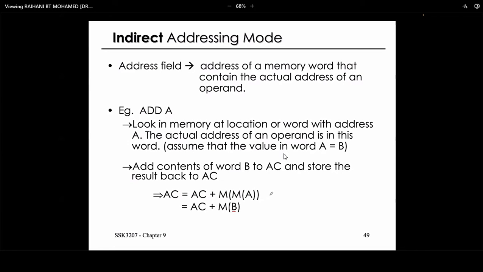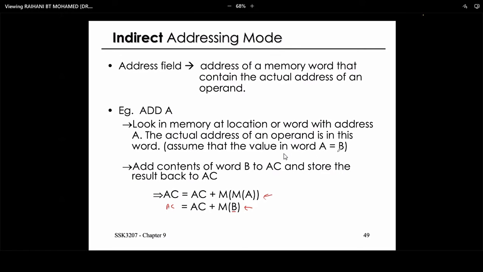So this is the first step, and then the second step: AC equals AC plus memory of word B. The actual address of an operand is in this word, because it uses the word in the memory. Assume that the value of word A here equals B.